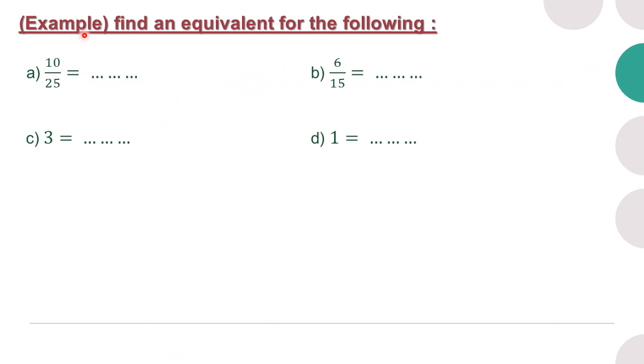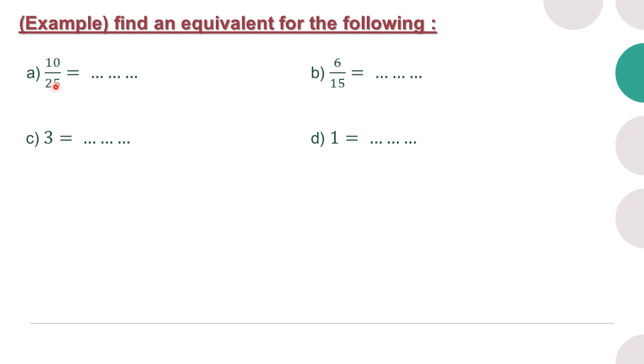And now, example 2. Find an equivalent fraction for the following. In letter A, 10 over 25. To find an equivalent fraction, we can use multiplication or division. In multiplication, we can use any number you want, but in division, we have to choose a common factor of the numerator and denominator, or the greatest common factor.